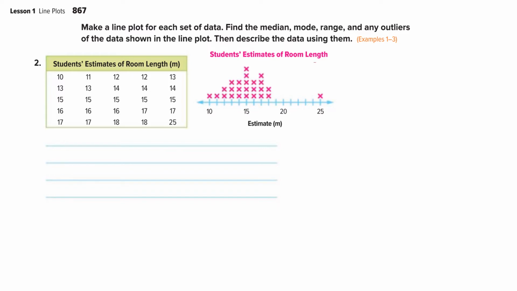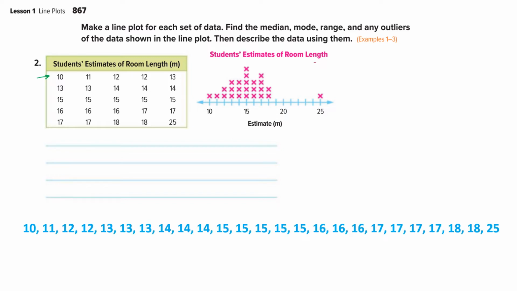The first data landmark that they want us to find is the median. List all of the data in order from least to greatest. I still find that it's helpful to list them horizontally. And now we just count to the center. Left, left, left, left.